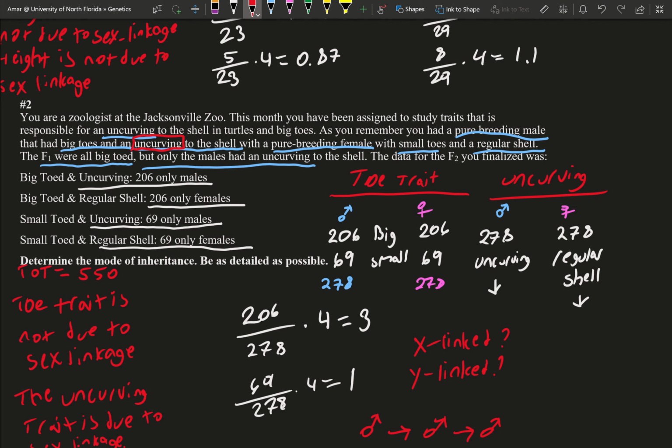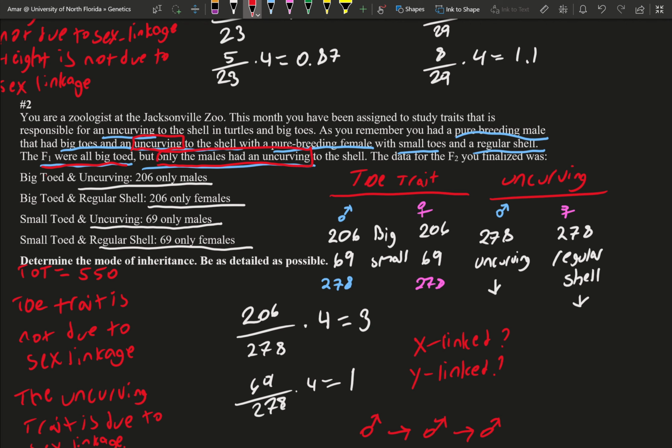So if we want to figure out if this is Y-linked or not, we need to look at where this uncurving is going into what sex. So we're going to look at the F1, which is right here. It tells you that all the F1 were big-toed, but only the males had an uncurving.